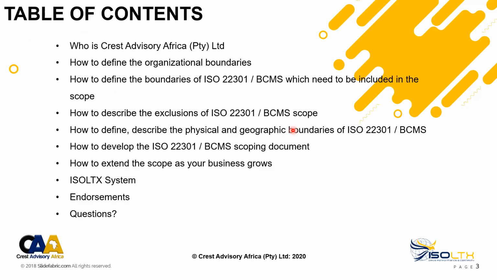Then how to describe the exclusions of ISO 22301 in your scope, how to describe the physical and geographical boundaries of ISO 22301, and how to develop the ISO 22301 scoping document. I will give you a practical example about that, and how to extend the scope as your business grows. And then, if there is time, I will also speak about our system, Islytics, and endorsements, and I will include some time for questions, definitely.